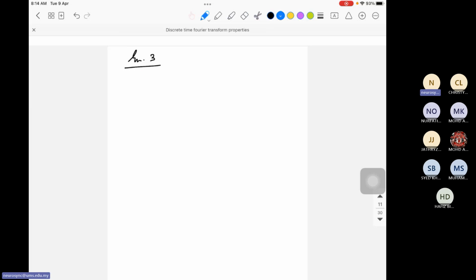Suppose I have x of n equal to n into alpha to the power n u of n plus 2, and this alpha is such that mod of alpha is less than 1. This is given. In that case, find h of omega. Oh, sorry, x of omega. This is x, no? So find x of omega.